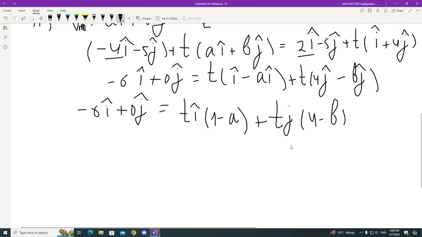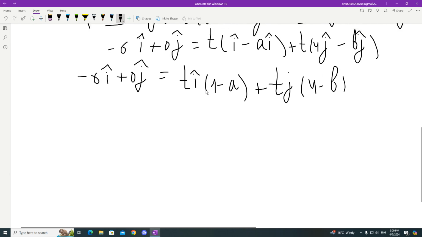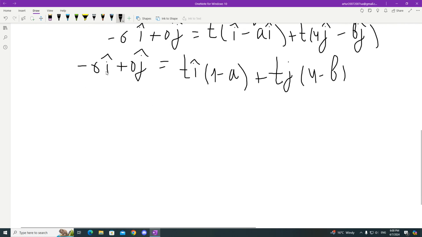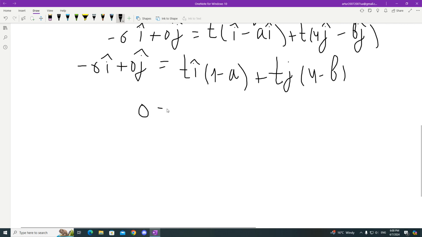Now we can make a system of expressions, because we know that i can only add or subtract with i, and j is the same. So we have that 0 is equal to t(4 minus b), and minus 6 is equal to t(1 minus a).